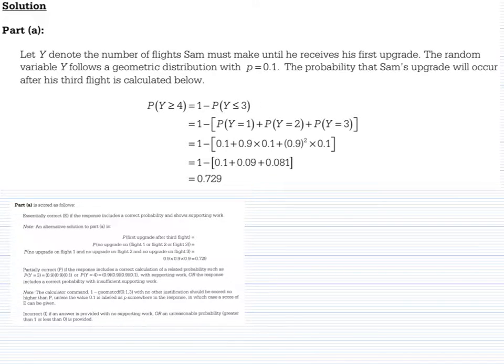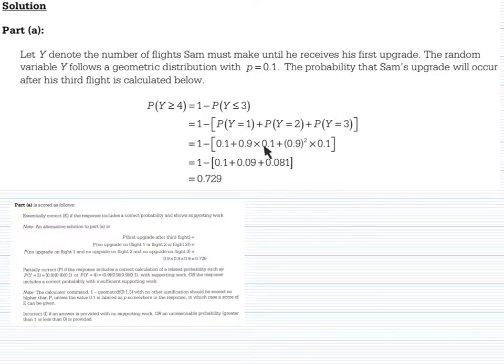This felt a little binomial at first, but because we don't know what the sample size is, it has to be geometric, which means we're going to calculate the probability that it happens on the first flight, on the second flight, and on the third flight, and then add all those together.